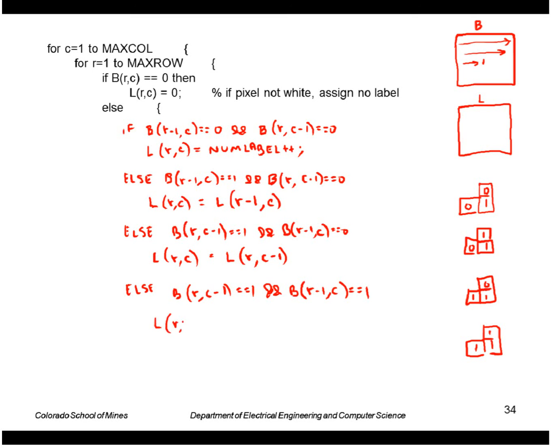Let's say I pick the one above me, so I'll call that, say, L1. And I'll record the equivalence of L2 here as well. So I'll record the fact that L1 and L2 are equivalent.